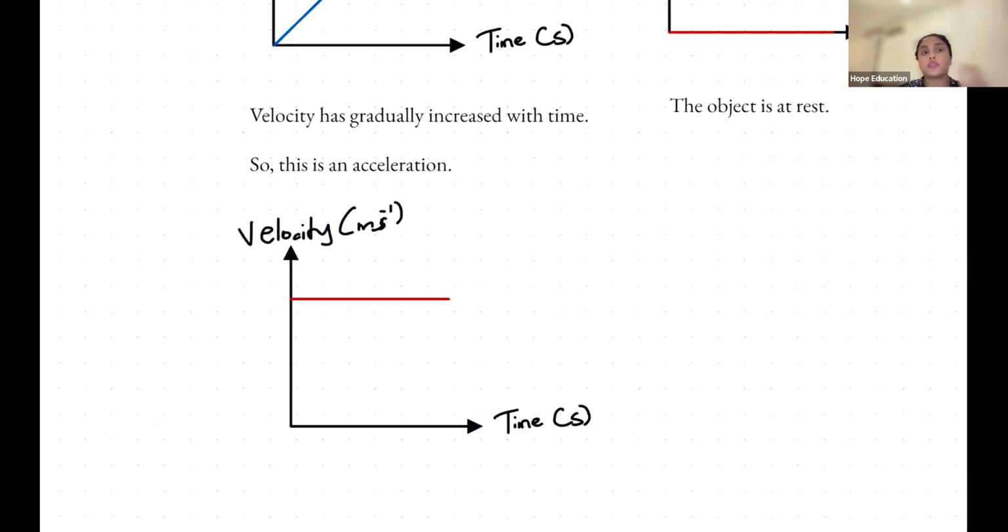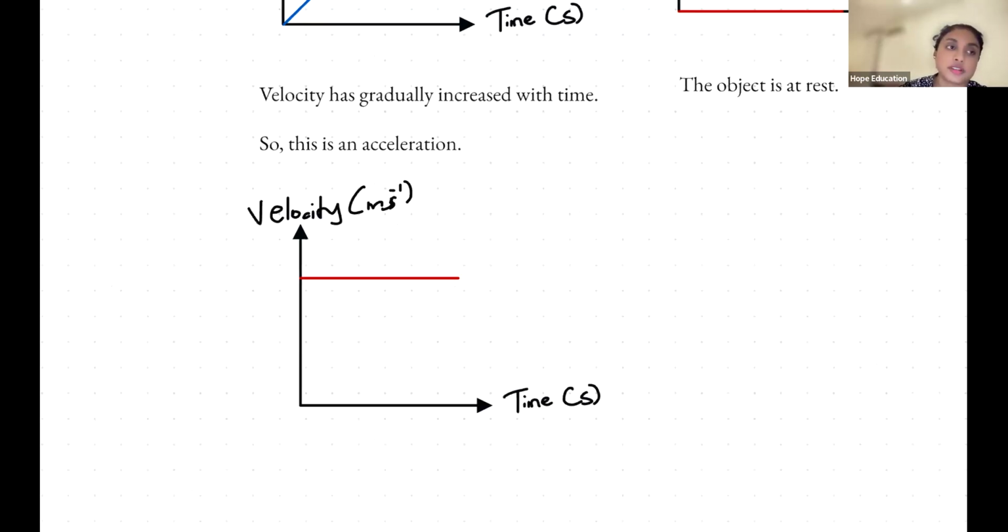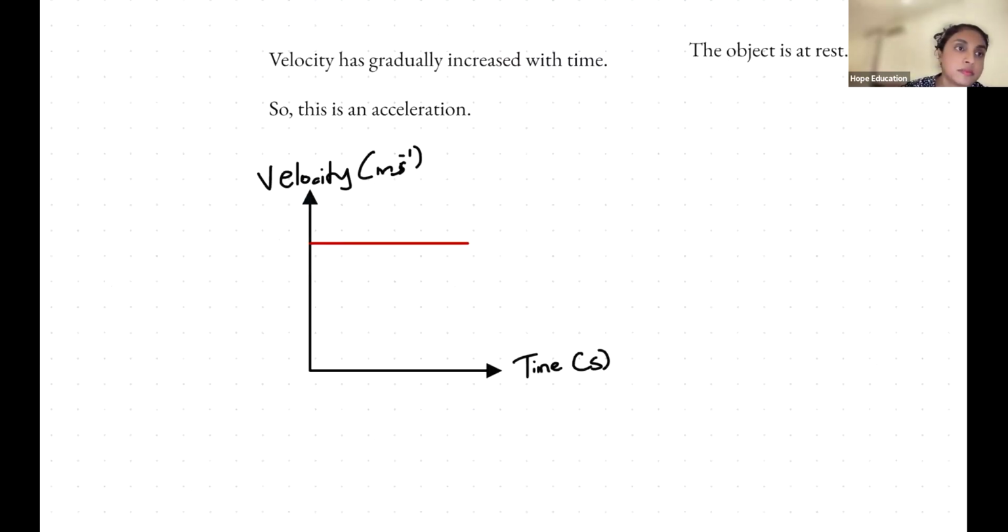Here, what can you say about the motion of the object? Yes, Maria. Others? What has happened to velocity with time? Can I ask a question like this?